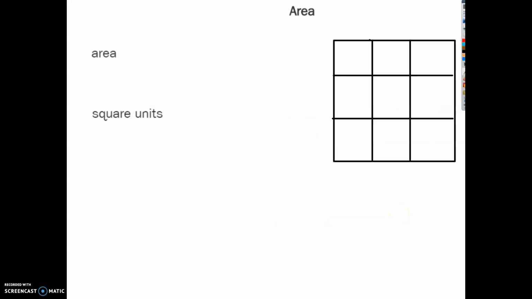Now, I have the same square. This time I'm not going to say it's units. I'm going to say that these are inches. So if I would measure along this side of my square, I'm going to say that's 3 inches here and 3 inches there.